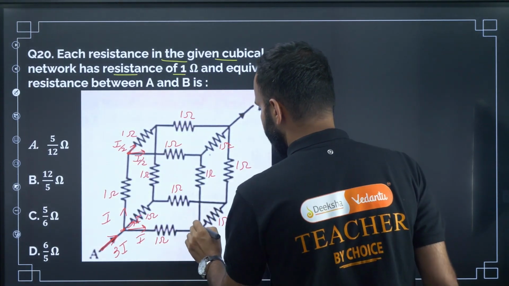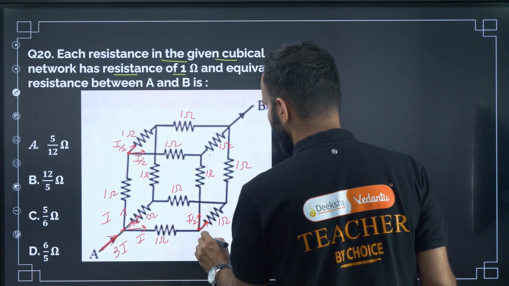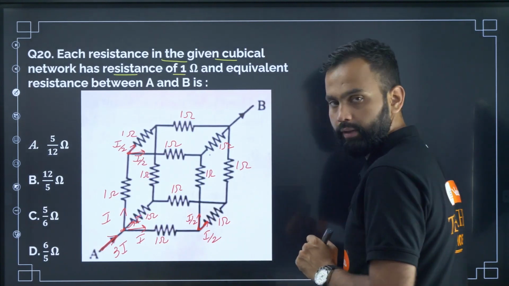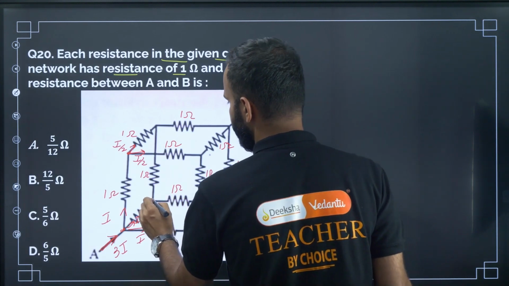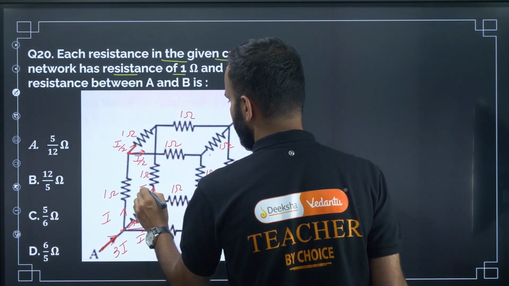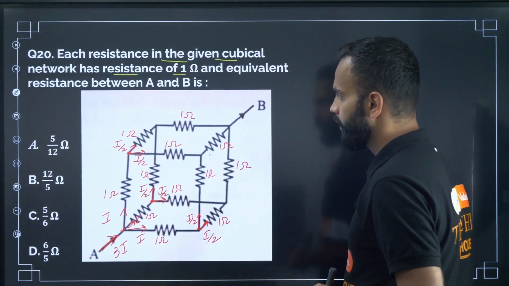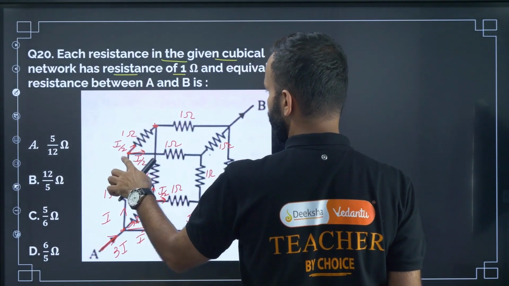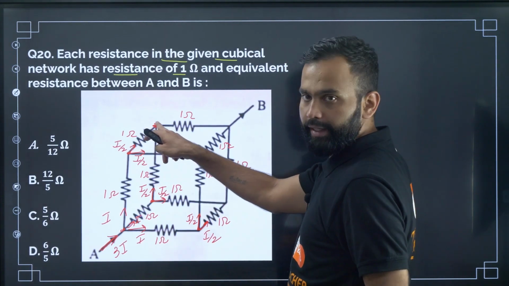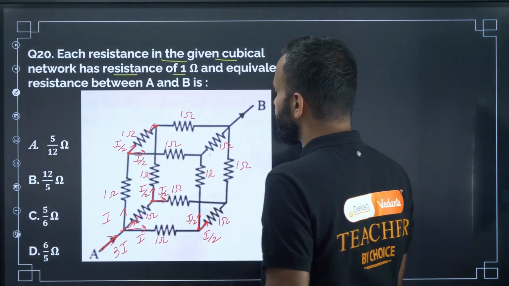Now at this point current will divide equally, I by 2 and I by 2, and then at this point current will divide equally, I by 2 and I by 2, right? Now at this point the I by 2 and I by 2 will join, it will add.